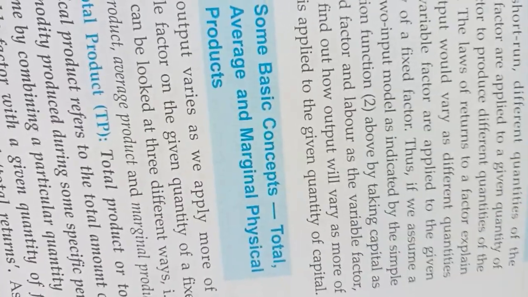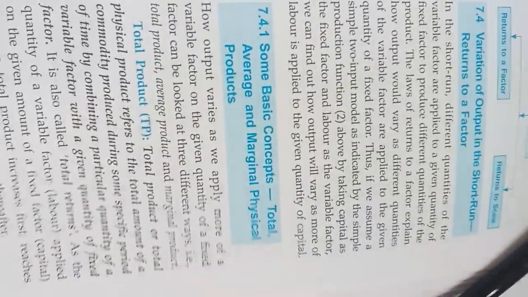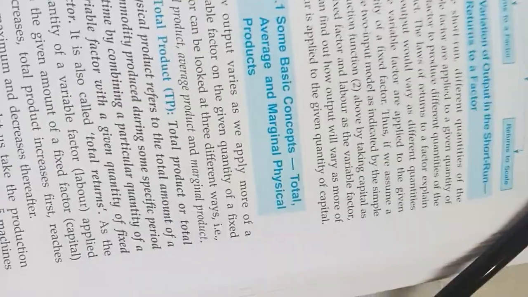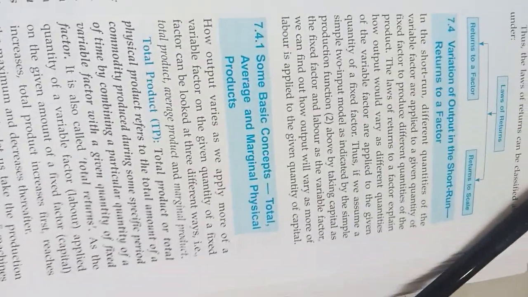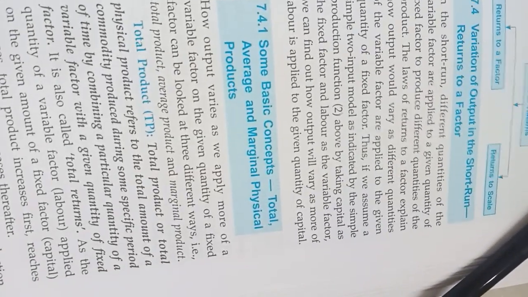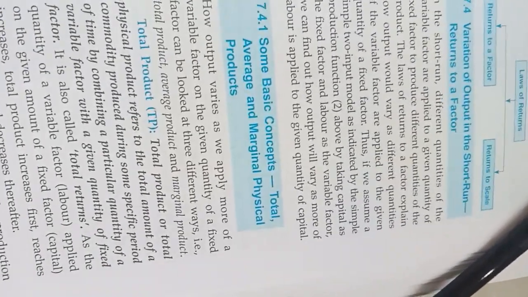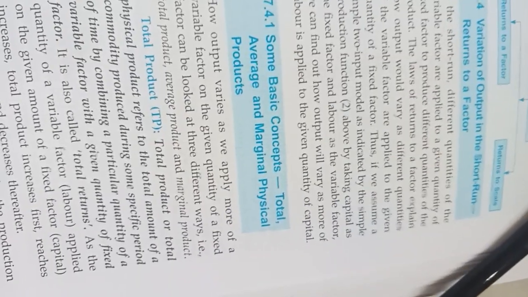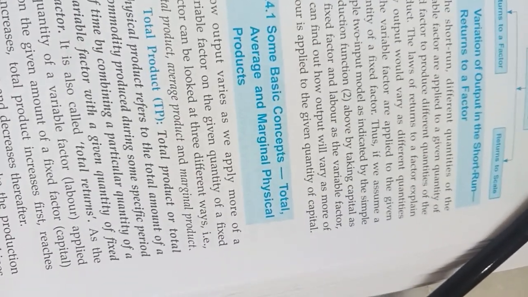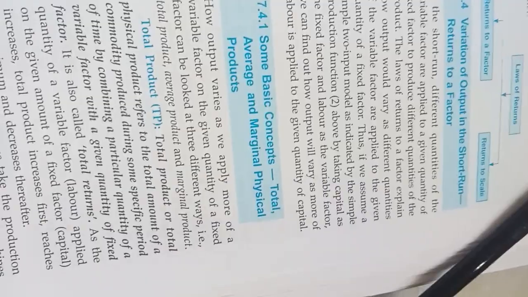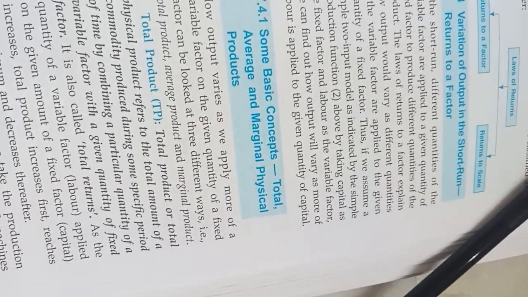These three are the concepts. First, total product. Total product refers to the total quantity of output produced. That means total amount of output produced.